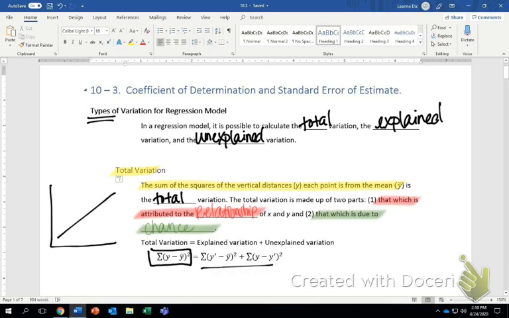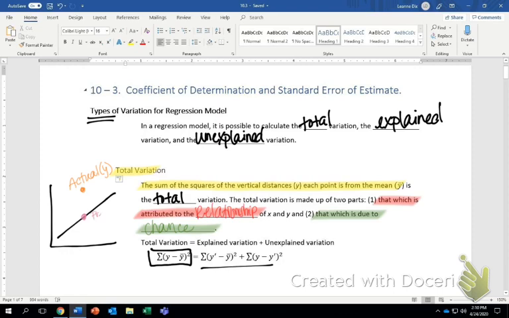So let's have a visual of this. If I were to draw a graph and have my regression line, let's say my actual is right here. This is my actual, the variable y. Then from my regression line, which is the black line, I have my predicted value.